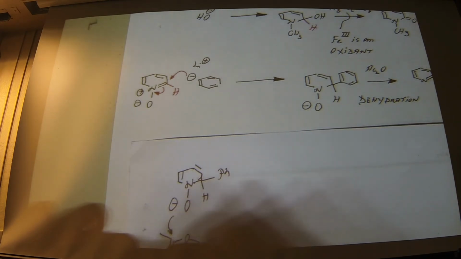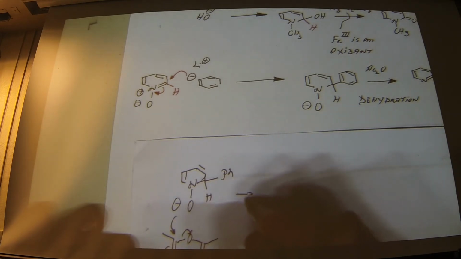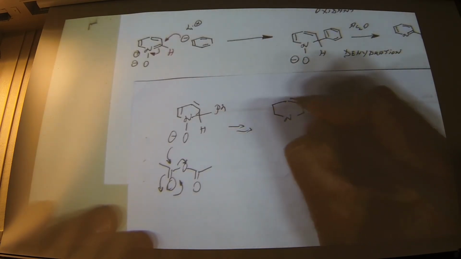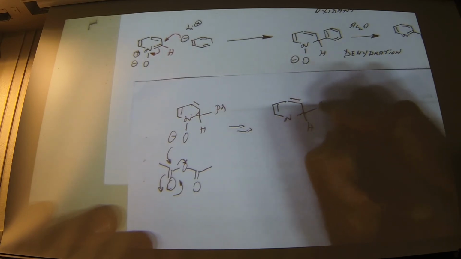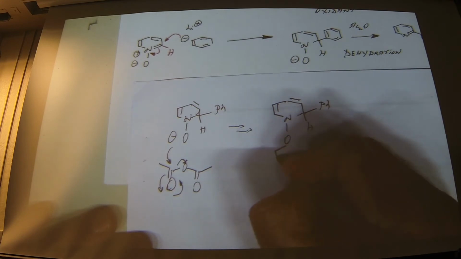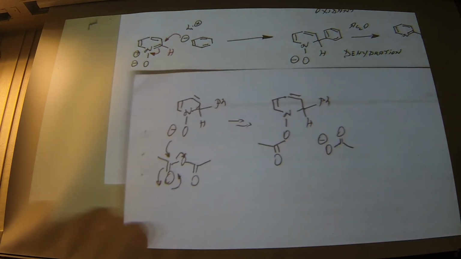So I'll get a tetrahedral intermediate, which I won't show. That tetrahedral intermediate, in the second step, will expel acetate. So this is two steps here. And I end up with acetate as my byproduct, just as we've seen before.